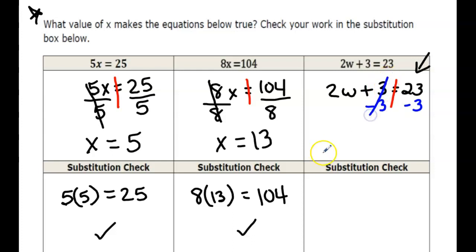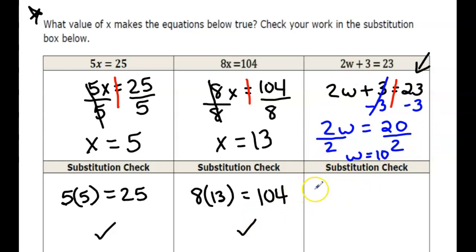These 3's cancel each other out, leaving us with 2w. And 2w equals 20, because 23 minus 3 is 20. And now we can get the w by itself a little bit easier by dividing by 2, leaving w equaling 10.